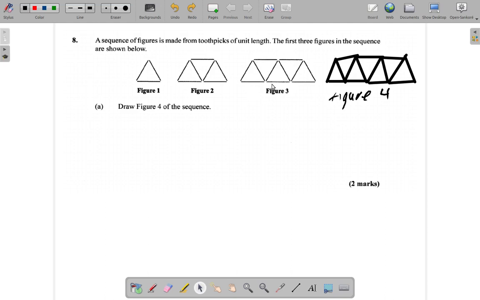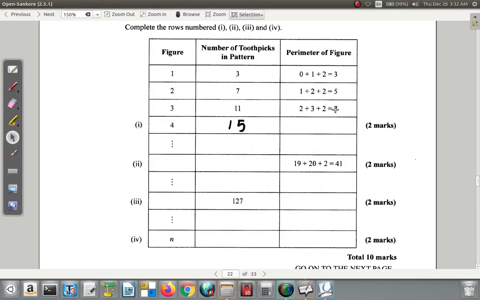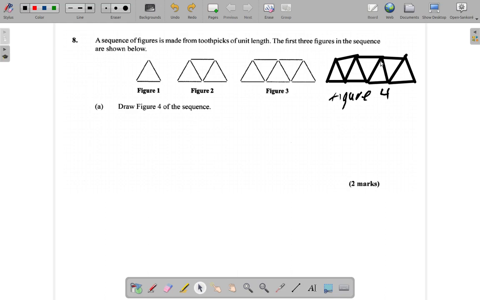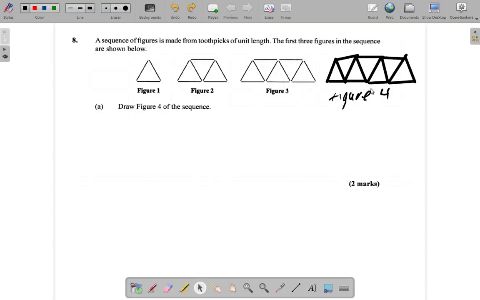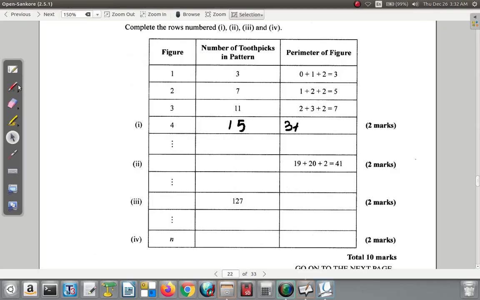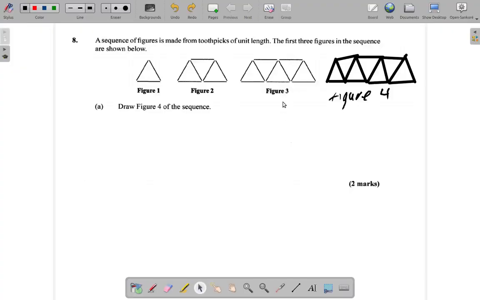In this case, it would be 3 at the top, plus 4 at the bottom, plus the number at the side, which still remains 2.